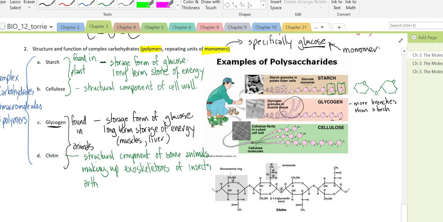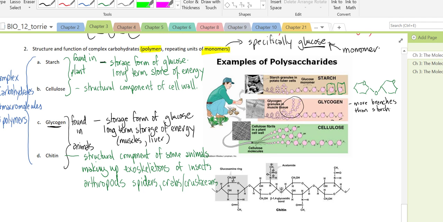So insects are arthropods. That includes things like spiders, crabs, and crustaceans, right? That's what makes up their exoskeleton.